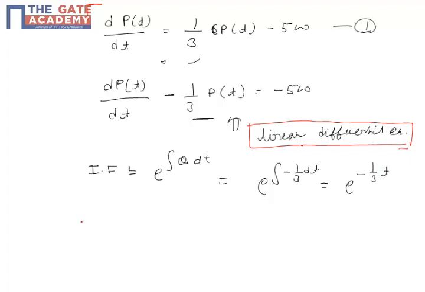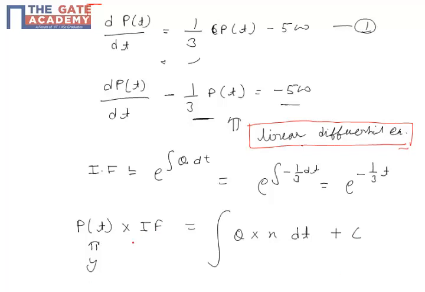The solution is y times IF, where y is p(t), equal to the integral of Q times IF dt plus c. This is the solving procedure, the formula by which we can solve.